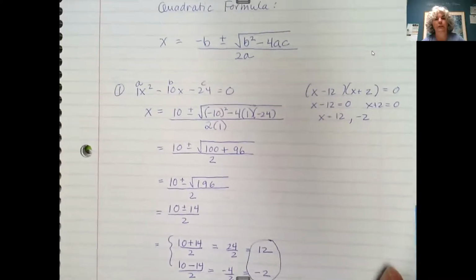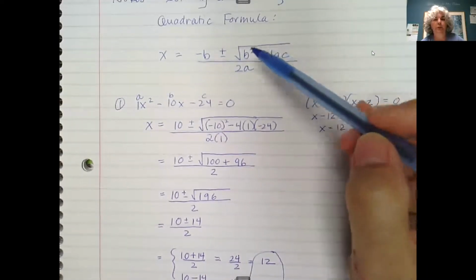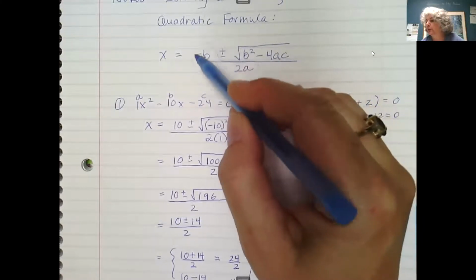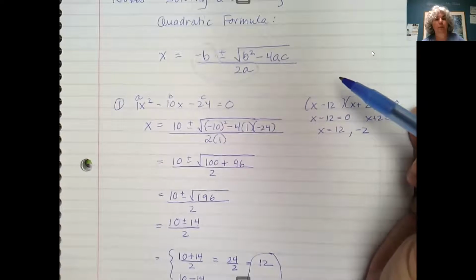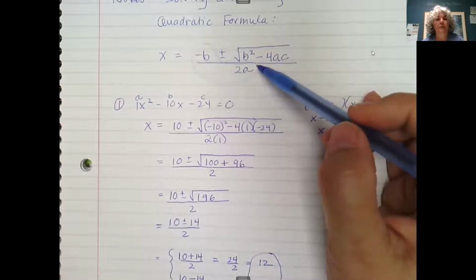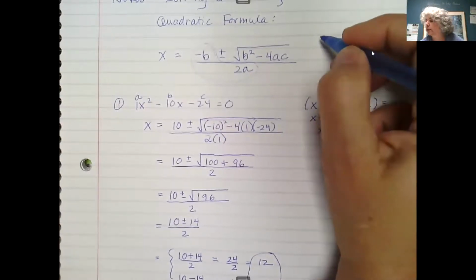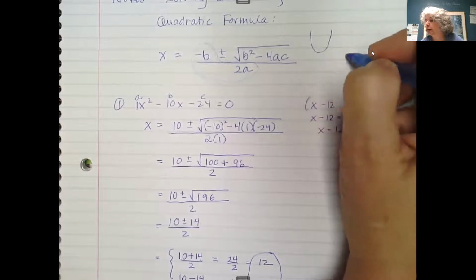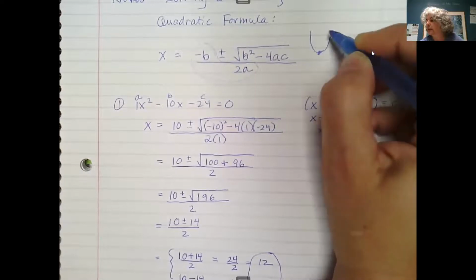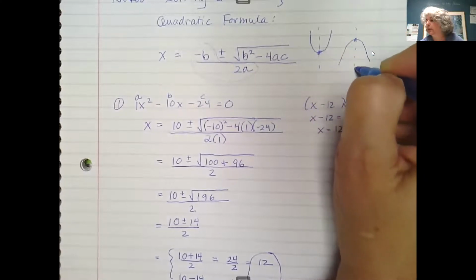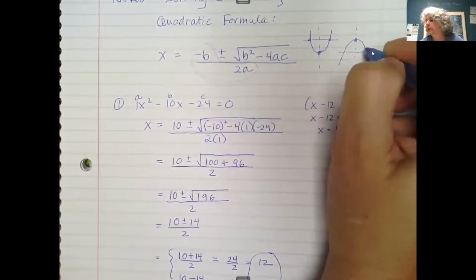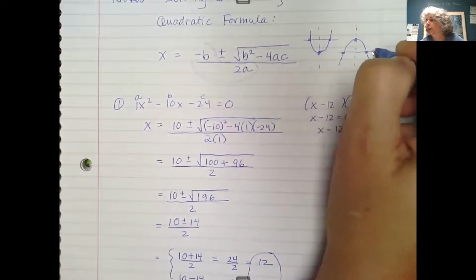I also want to explain a little bit of this formula. Let me go back a little bit, because some of this might be a little familiar. Especially this part here, this opposite of b over 2a, this little piece of the formula has come up before. That opposite of b over 2a is the x-coordinate of the vertex. So if we have a quadratic equation or a formula, and I mean a parabola, and it looks something like this, or it looks something like this, the x-coordinate of the vertex cuts the parabola in half. Remember, that's also on the line of symmetry. And then you'll have a positive or negative answer, sometimes a positive or negative distance away from that vertex.